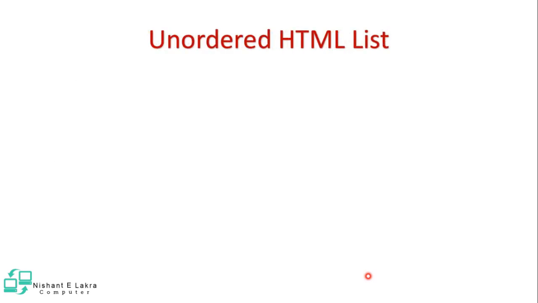Now let us understand more about the unordered HTML list. I will show you how we use the markup symbols and codes to write a very small program using this HTML language to design a web page.